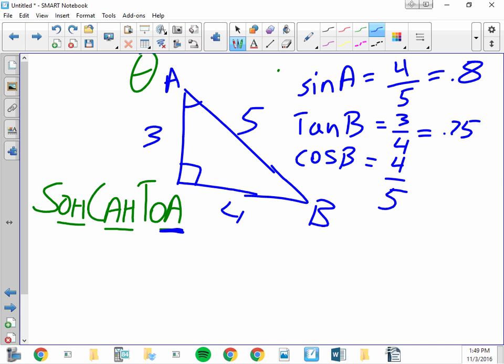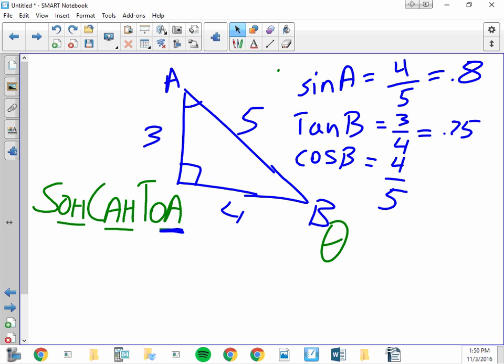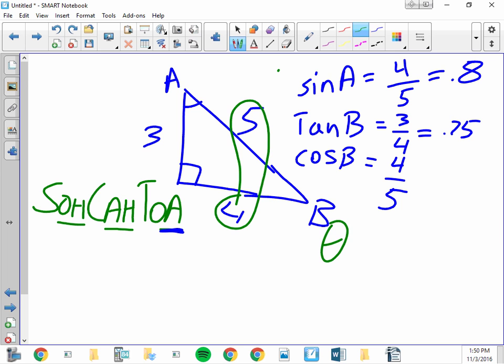I guess it depends on what you mean by opposites. But why is the cosine of A always going to be equal to the sine of B, or the other way around? Sine of A equals cosine B. So if I put theta down here, O over H would be 4/5.